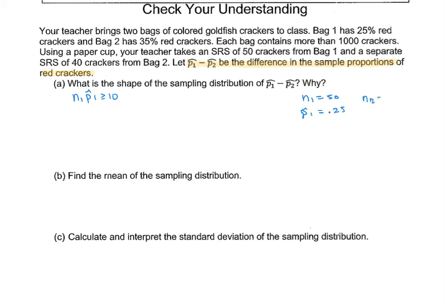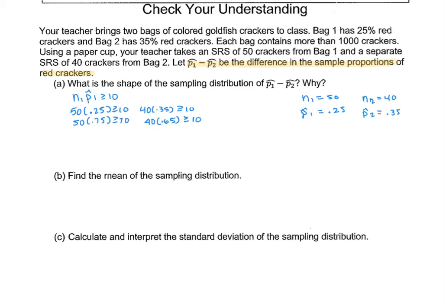And n2 is 40, and p hat 2 will be 0.35. So n times p is 50 times 0.25, that's greater than or equal to 10. 50 times 0.75 is greater than or equal to 10. 40 times 0.35 is greater than or equal to 10. And 40 times 0.65 is greater than or equal to 10.